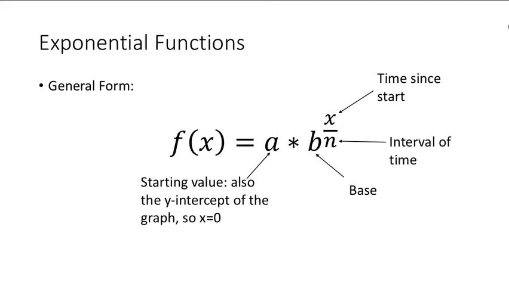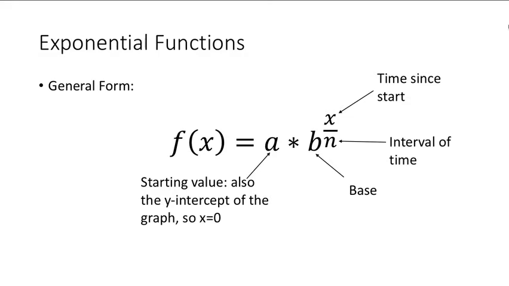And the n is the interval of time. So you can think about that as, if a disease doubles every 4 days, the interval of time is 4 days. So that's what would go in for our n.